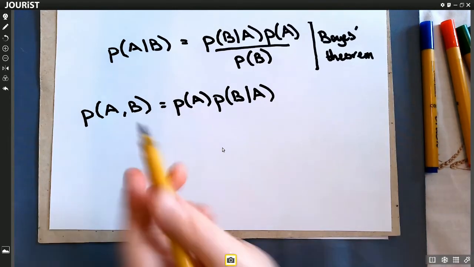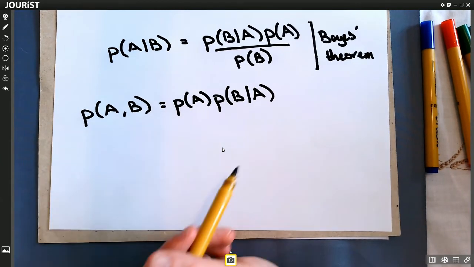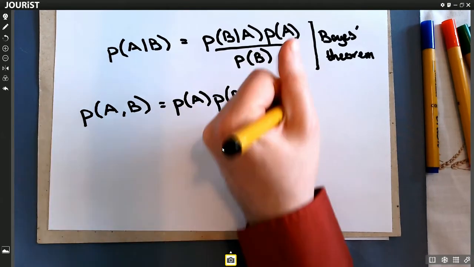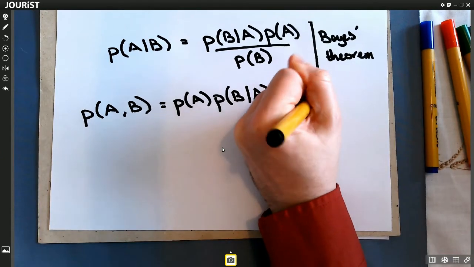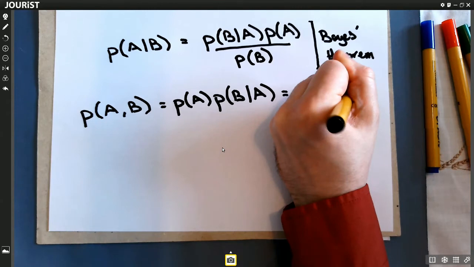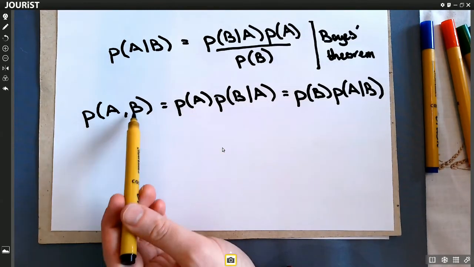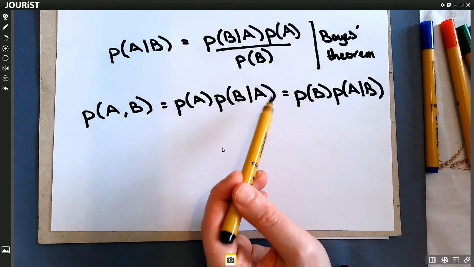So first have A happening, then have B happening given that A happened. This is also equal to, we could just flip the order, the probability of B happening, and then the probability of A happening given that B has already happened.